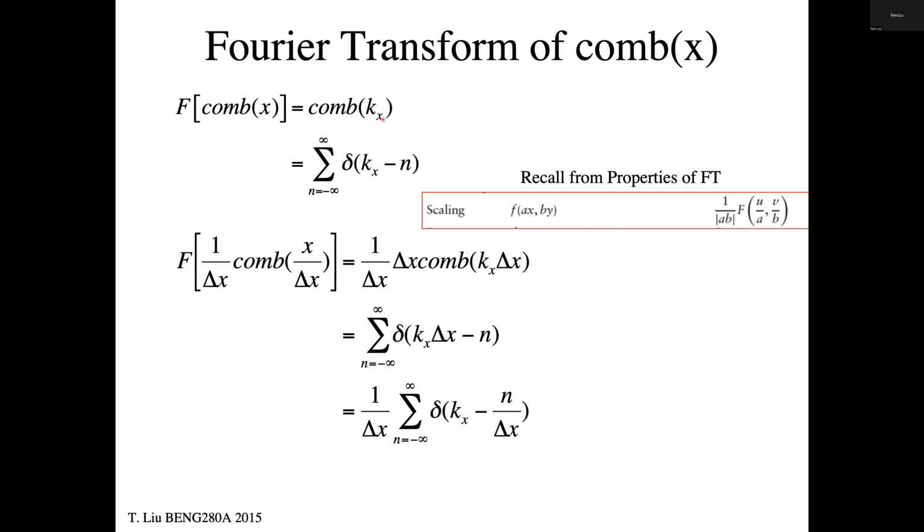But when you think about it, you say, okay, well, if I was to create a function with a set of spikes, or if I'm going to integrate sine waves multiplied by a set of spikes in the Fourier transform and ask, well, which values are going to give me non-zero values for that integral?